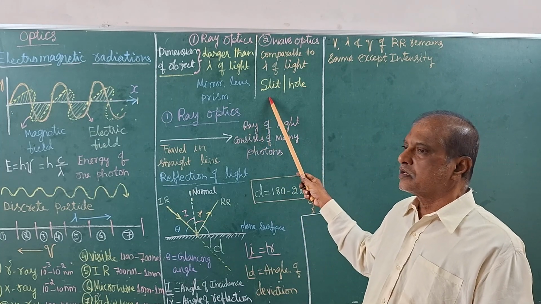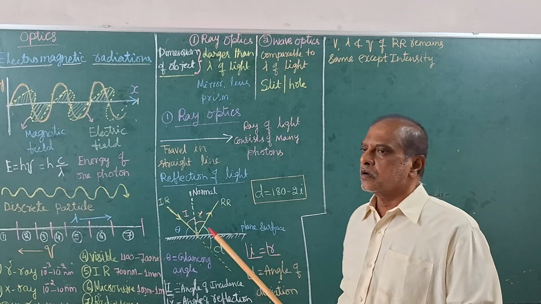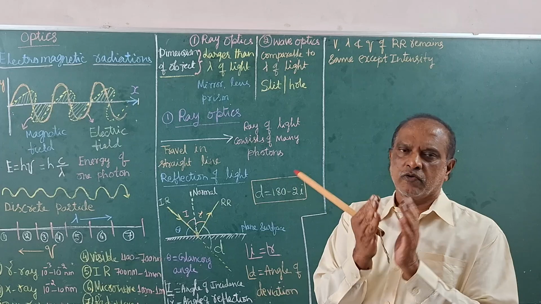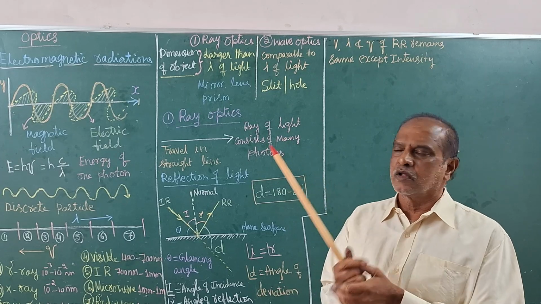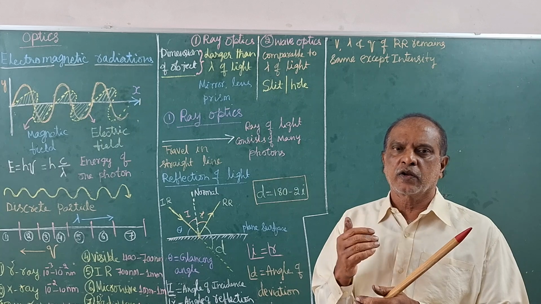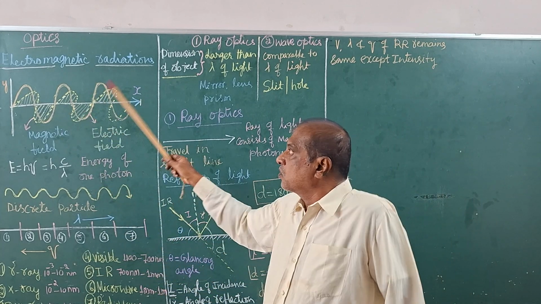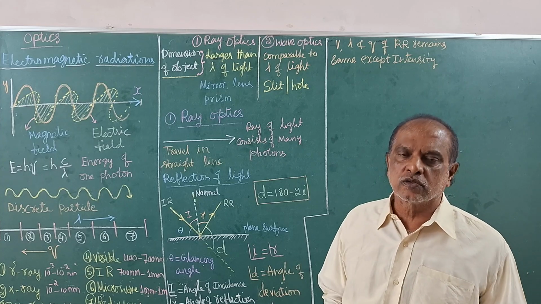That study involves wave optics, and what we get after passing through is completely related to the wave property of light, because I said electromagnetic radiation is a sinusoidal wave.